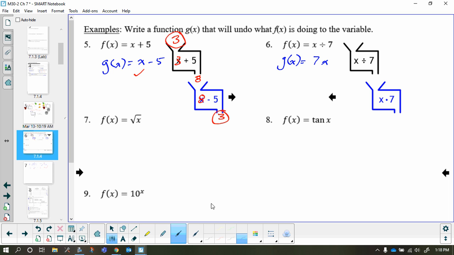Let me pick a number for x. Suppose I say x is equal to 42. If I stick 42 in here for x, then I get 42 divided by 7, which gives me 6 as output. If I take 6 and I multiply it by 7, that gives me 42. And the input in the original function is the output after it's passed through the function and its inverse.